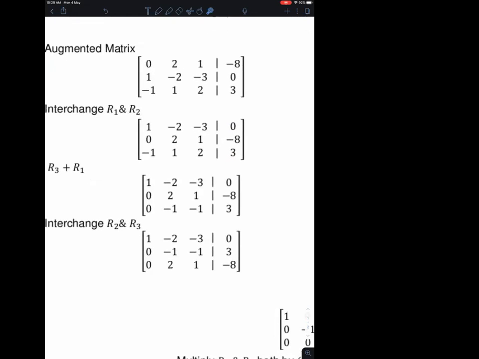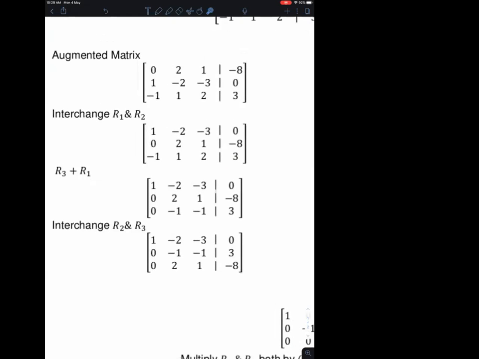Okay, now interchange row 2 and row 3. Now row 2 is here. Row 2, you bring it over here. So row 2 becomes row 3 now in this next one. And then row 3 becomes row 2.